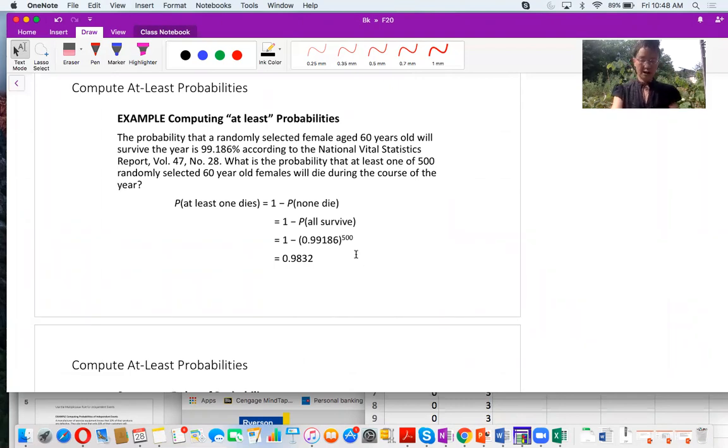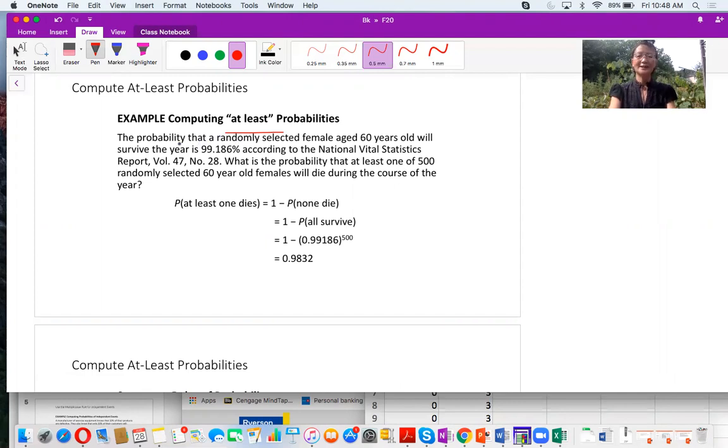Next, we'll compute a commonly used probability in statistics, that is, at least. Okay, compute at least probability. Let's look at an example.